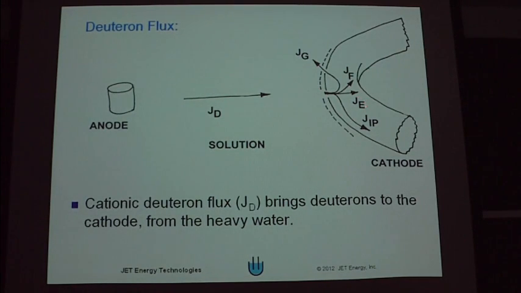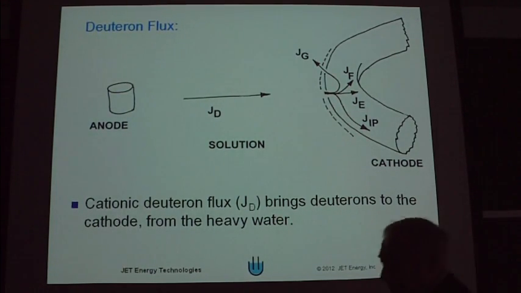I call it JE. We could have a very tiny amount go to fusion. It ain't very much because we know that we're only making 10 to the 11th, 10 to the 12th per joule. So this is very tiny. And most of it goes up in gas, and we don't like that. And it turns out that there's an interstitial flow that we discovered with the metamaterials, and we'll come to that in a second.